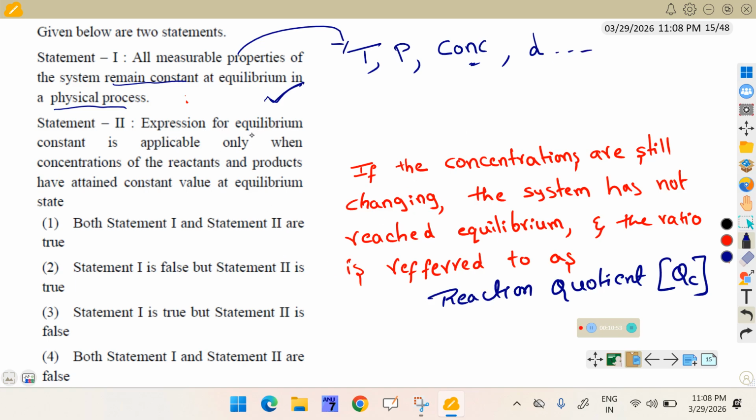Expression for equilibrium constant is applicable only when concentration of the reactants and products have attained constant value at equilibrium state. Yes, this is also correct statement because it attained at equilibrium state. For example, if the concentrations are still changing, the system has not reached equilibrium and the ratio is referred as reaction coefficient. Statement 1 is true, statement 2 is also true.